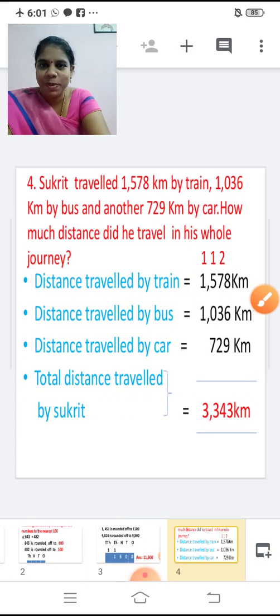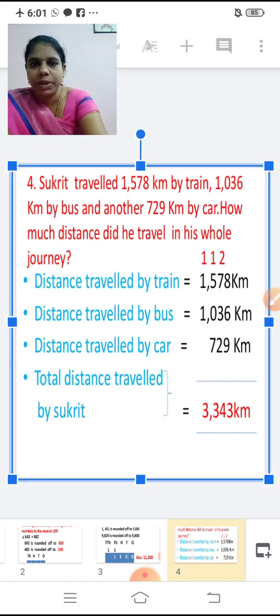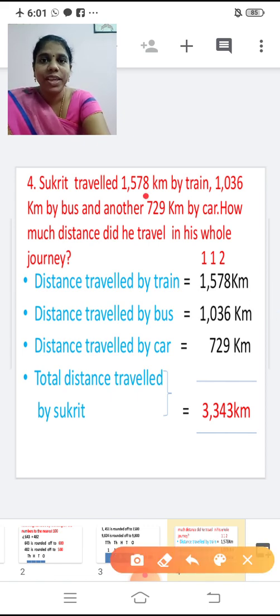Now a word problem. You know how to solve a word problem? First read the sum carefully. Sukrit, just listen to me. Sukrit traveled 1578 kilometer by train and 1036 kilometer by bus.